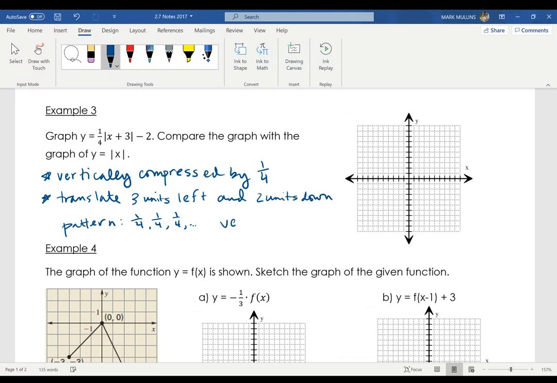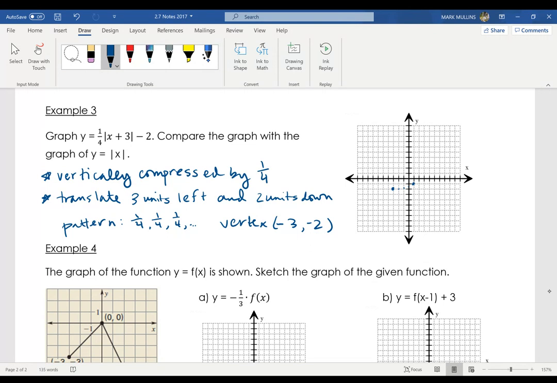And my vertex, opposite sign, same sign, will be -3, -2. So I'm going to start my graph at -3 for x, down 2 for y. And I'm going to do my best to move up 1/4 of a unit and then over 1. And then 1/4 and over 1, and then 1/4 and over 1. And then I'll be at a corner point again.